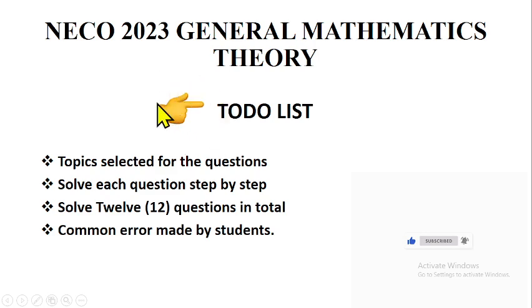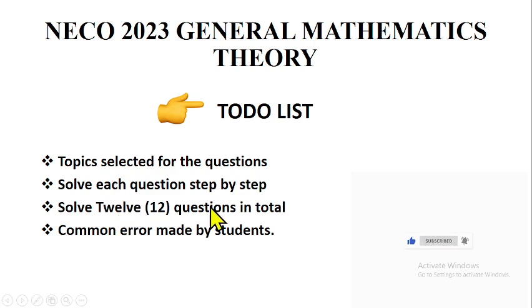And in this video, what are we going to be dealing with? We are going to be telling you the topics where they pick each of the questions, and we are going to solve each question step by step together. So we have 12 questions to solve all together, but the students are supposed to solve 10 questions, not 12. 5 from the compulsory part and 5 from the optional part as well.